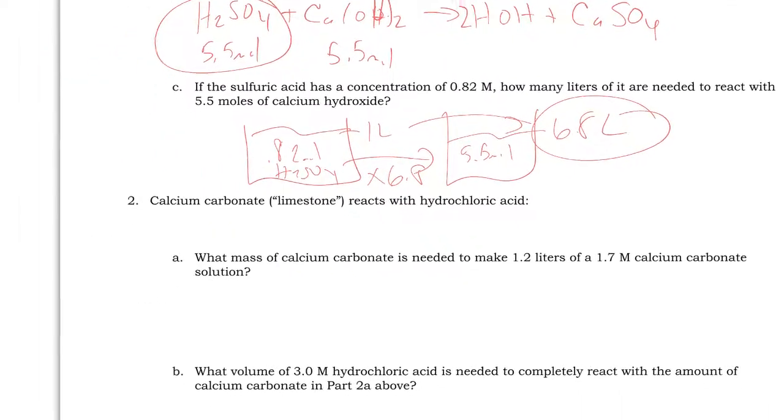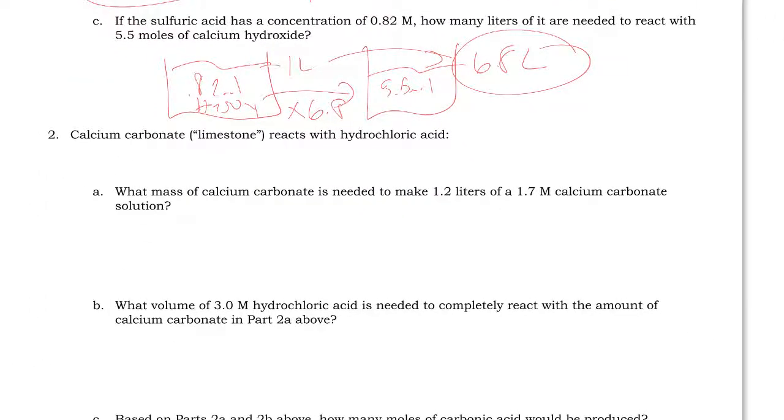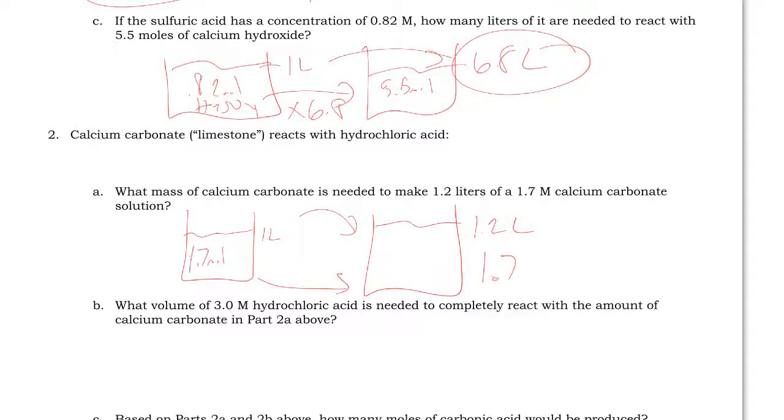Problem number 2 says calcium carbonate reacts with hydrochloric acid. And it says what mass of calcium carbonate is needed to make 1.2 liters of 1.7 molar. Okay, so if we got 1 liter, that means we got 1.7 moles. And we got 1.2 liters, which means we've got 1.7 plus 0.17, plus 0.17, which would be 0.34.